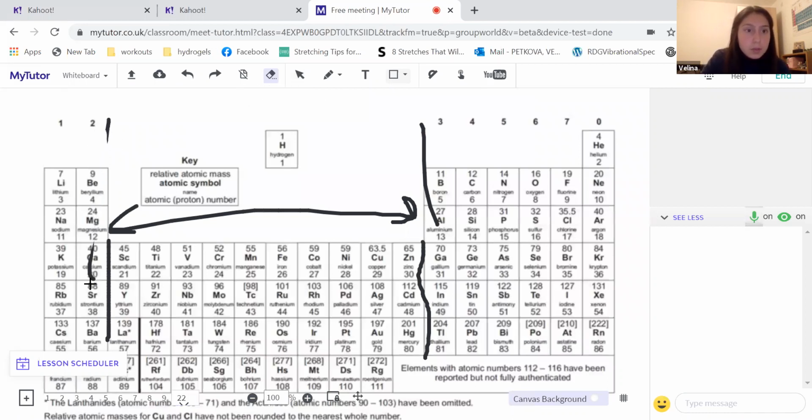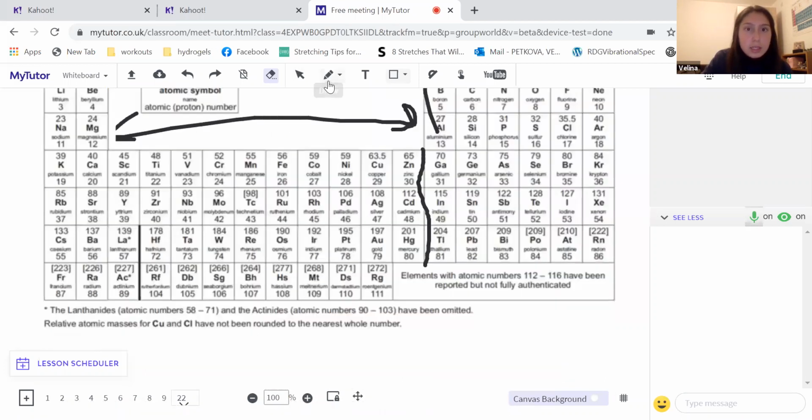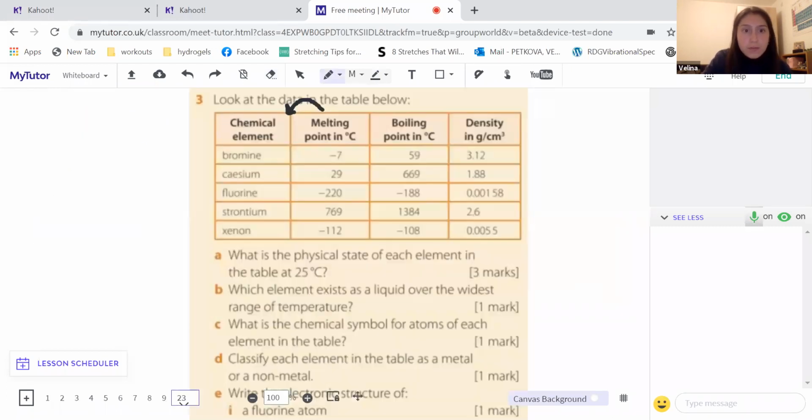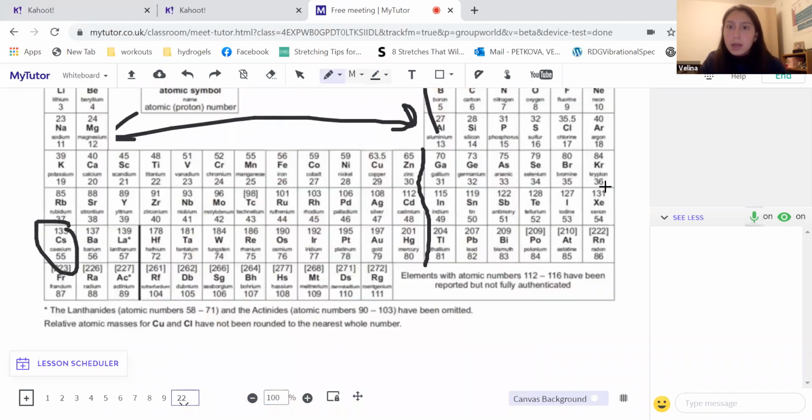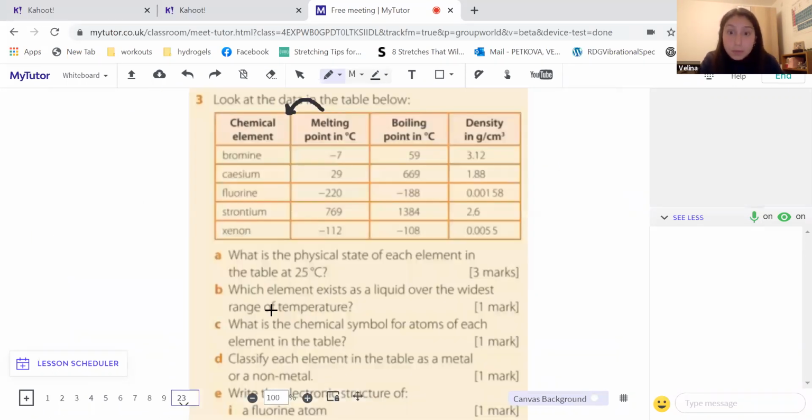Cesium was one of our words, wasn't it? So cesium is down here, we look at cesium and we circle it, exactly. So then for say xenon, we'd find xenon. So xenon is here, right? And we'd put Xe. Yeah, well done.